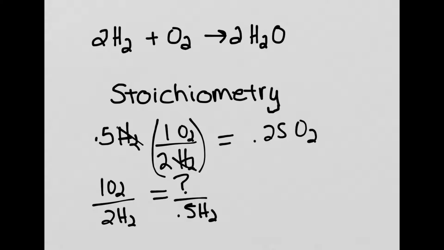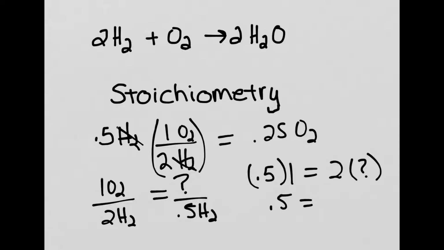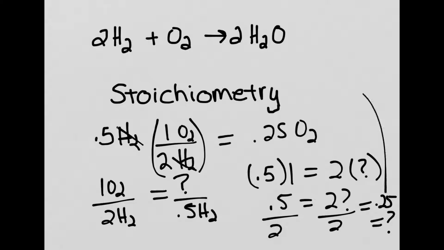And we cross multiply, we get 0.5 times 1 equals 2 times question mark, or you can make that an x, and that's 0.5 equals 2 question mark. We divide by 2 on both sides, and we get the same answer. 0.25 is our question mark, which was the oxygen, just like we got up here.